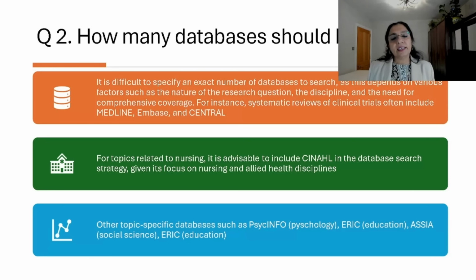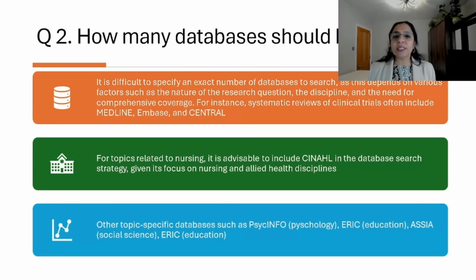So it is very difficult to tell a specific number, as it depends on various things. And if it is a broad type of systematic review question or a broad map, we may have to search several databases.